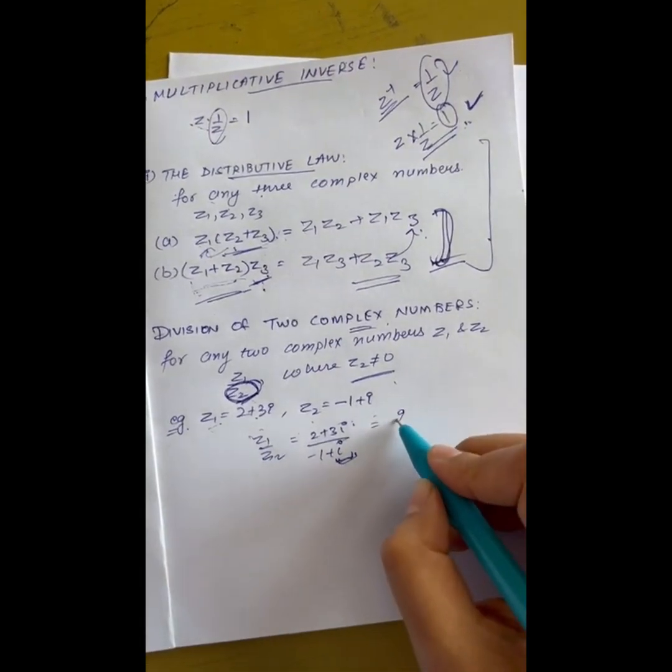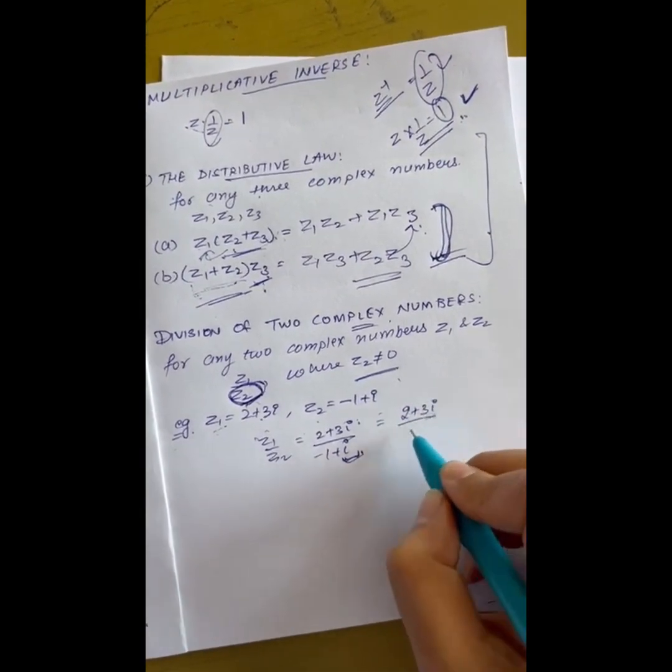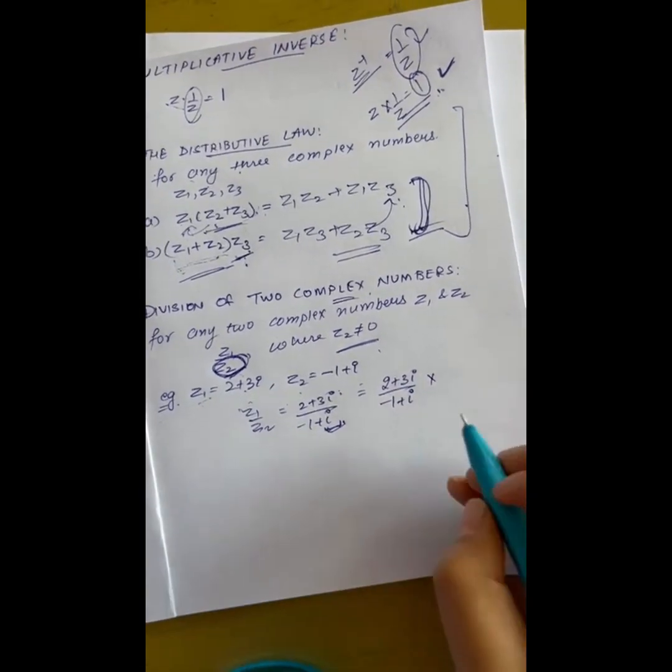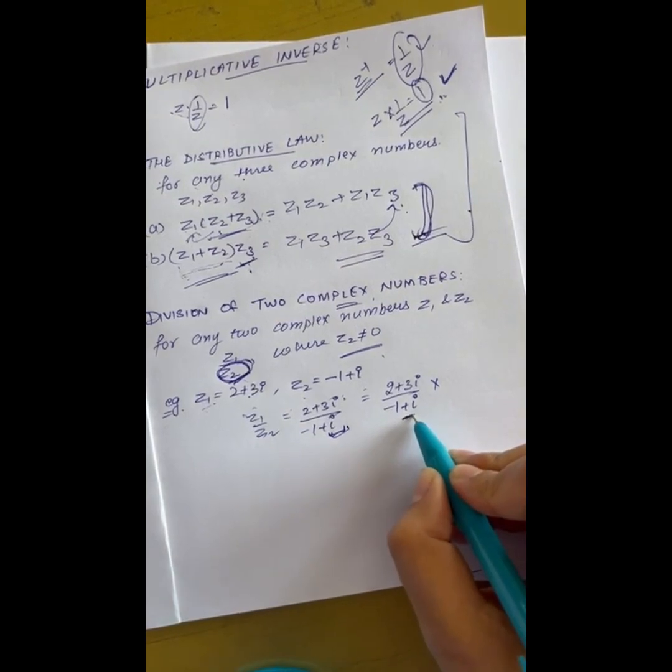So rationalizing, we get (2 plus 3 iota) by (minus 1 plus iota), and whenever we rationalize, the sign before the iota term gets inverted.